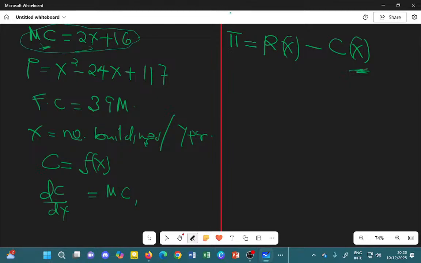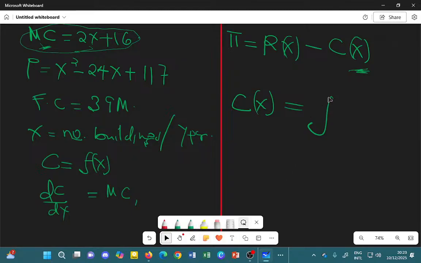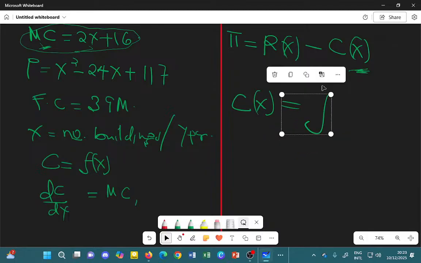So I'll set out here and say, the cost function is given by the integral.